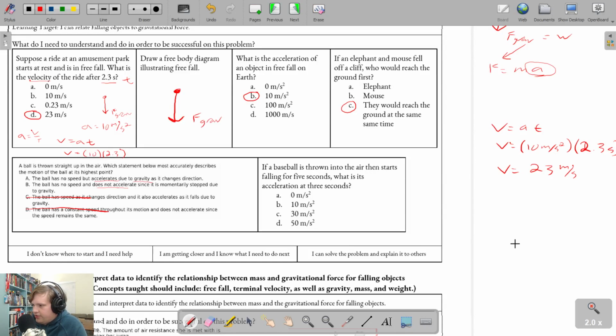I'm going to draw a diagram. Ball goes up. Here's my ball at its highest point. Let me draw two here. Let me do a ball here being thrown, and then a ball here at its highest point.